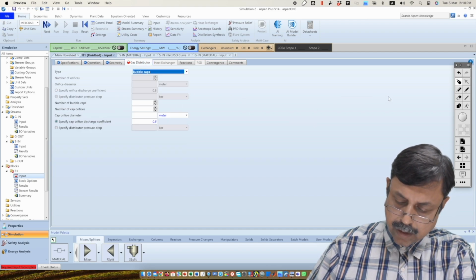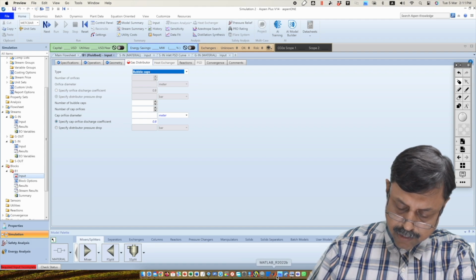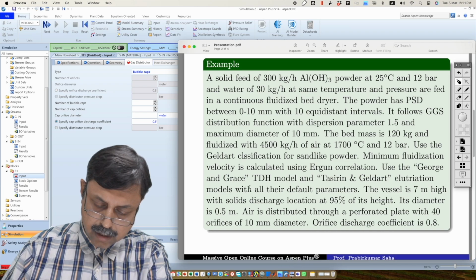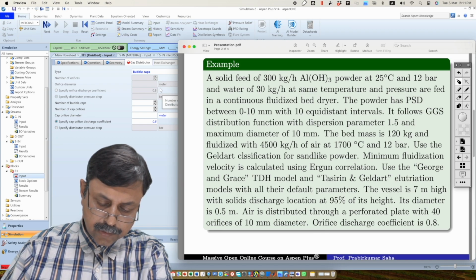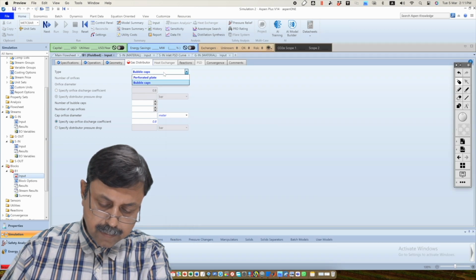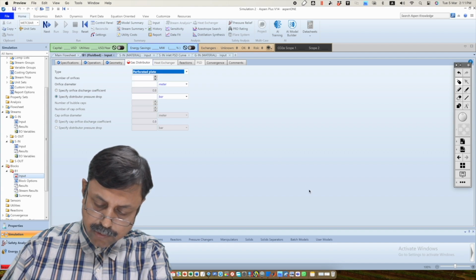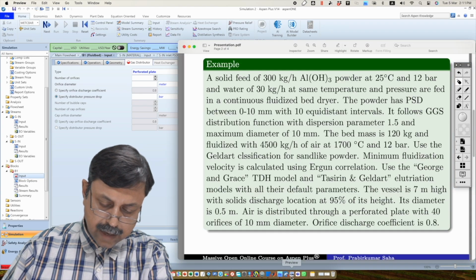Again in the gas distributor we have certain information. First we have to choose a perforated plate. So it is not bubble cap, it is perforated plate. If you choose perforated plate, then you have some information that you need to provide. What is that information?